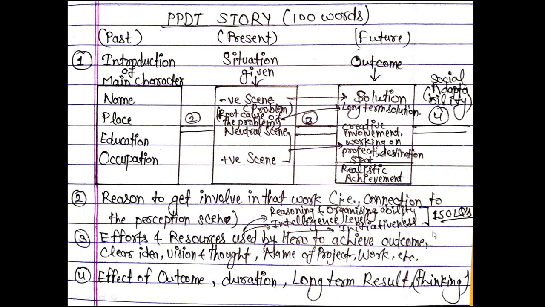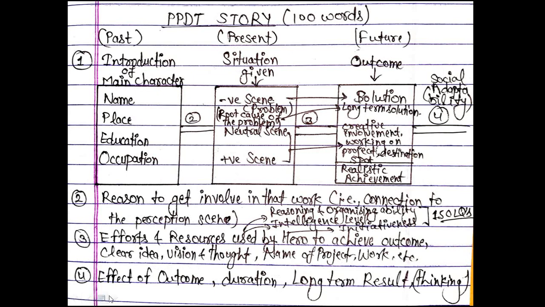Whether your hero has initiated the task or your hero has been initiated by someone else, this is also checked. So you have to remember all those 15 OLQs, officer like qualities, and try to put in the maximum efforts and resources which are available there. Your clear idea, your vision and thought, name of the project, work, etc. should be there in your story.